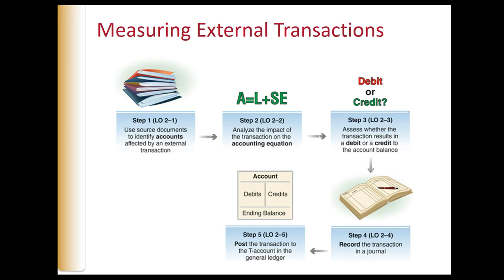So posting is the process of transferring this information from these transactions to the general ledger. Then, after that, we're going to prepare a trial balance, which is just a list of all the accounts and their balances on a specific date and time. And each balance is going to have a debit or a credit as its normal balance.